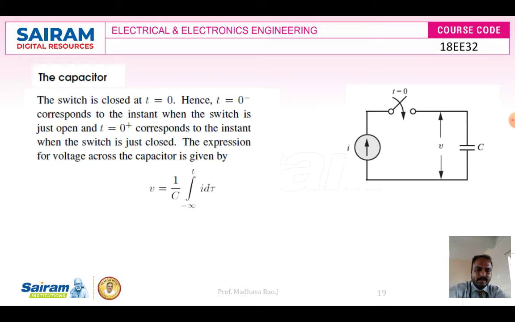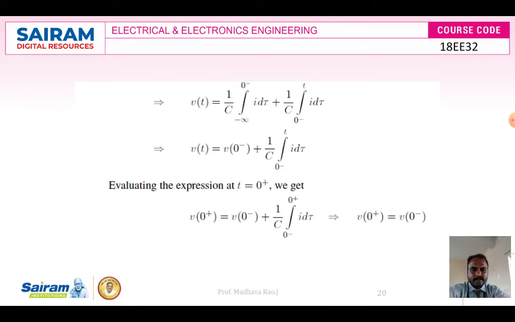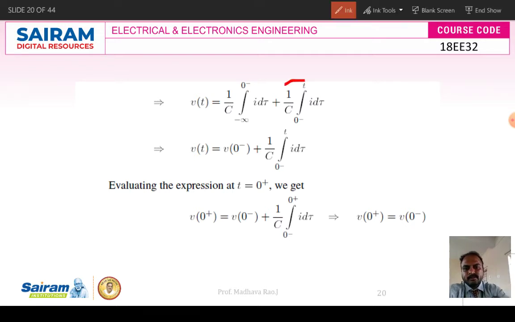We split the interval from minus infinity to t into two intervals for easy analysis: one from minus infinity to 0 minus, and the other from 0 minus to t. So V of t is equal to 1 by C integral from minus infinity to 0 minus of I dt plus 1 by C integral from 0 minus to t of I dt.